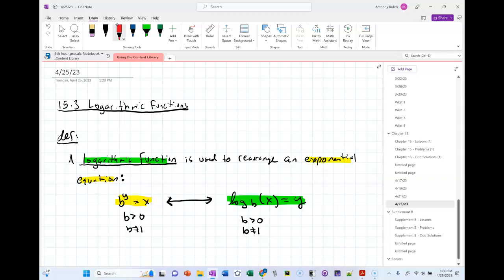Now remember, since b is the base of an exponential equation, we stipulate that b must be positive and not equal to 1. That was one of the requirements we had on our exponential equation.